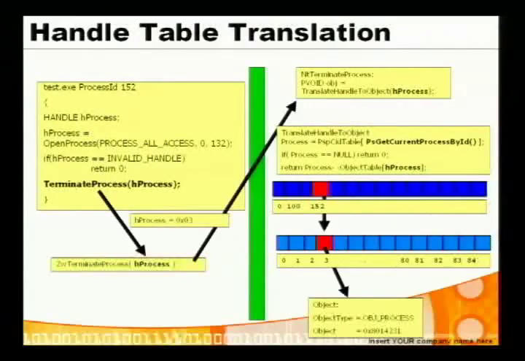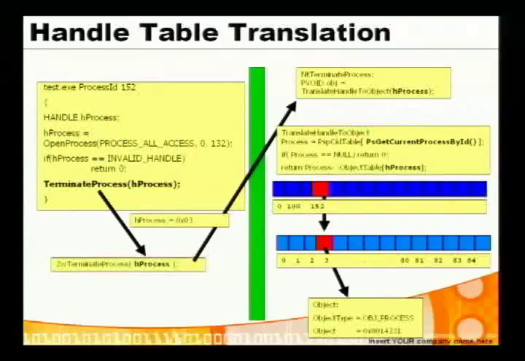So we're going to go to process 152's handle table eventually. You see there the first blue array that showed up, that is the handle tables, or that's all the processes. Here we're going to go to 152, and then we're going to go to its individual handle table, which is pointed to by the eProcess block of process 152.